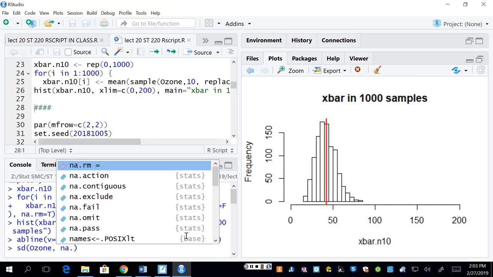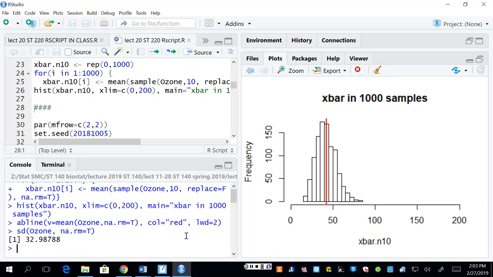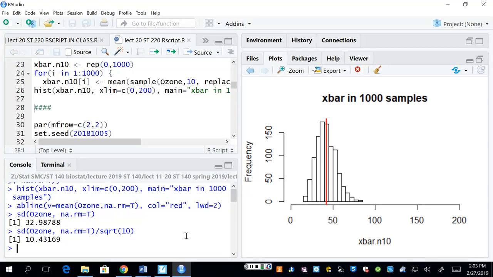That's about 32, but if I divide it by the square root of 10, it's about 10. I thought it would be a little bit bigger than that, but anyways, it's on that magnitude as a standard error.